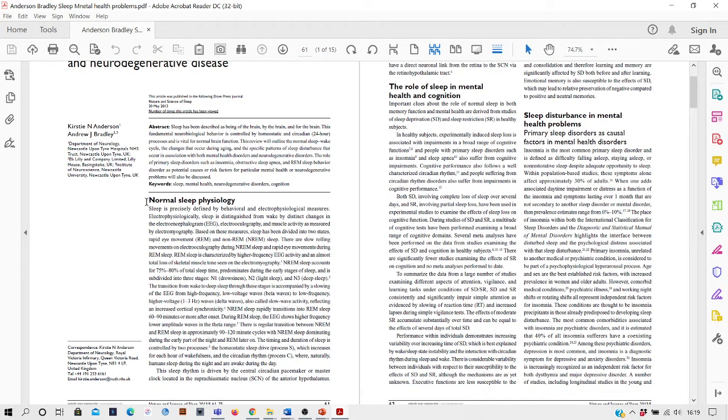And so it starts off by describing normal sleep physiology, which involves two main phases of sleep. When you fall asleep, you go into non-REM sleep, which is just normal sleep, where brain waves gradually slow down, and to the naked eye, just watching somebody sleeping, they look like they're asleep.